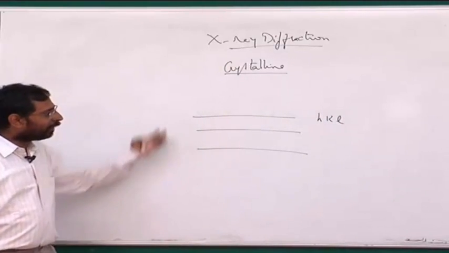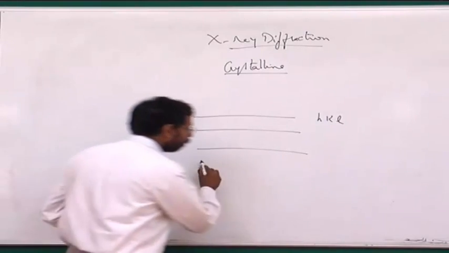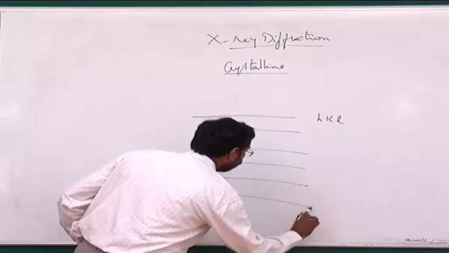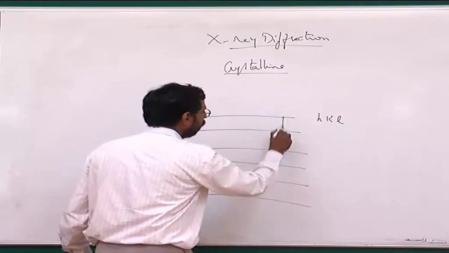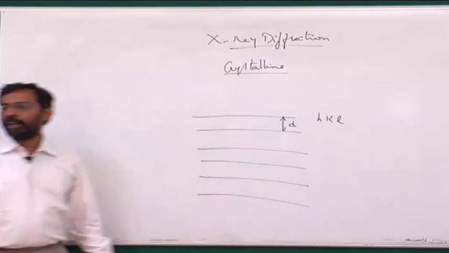Let's say I take a crystal with a number of atomic planes which are all parallel to each other, and the distance between these planes is called d, the interplanar distance.